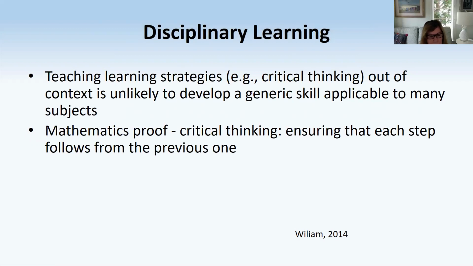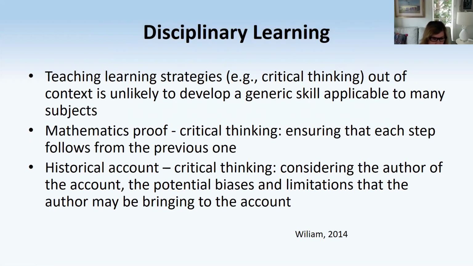In mathematics proof, for example, the critical thinking component will involve ensuring that each step follows from the previous one, whereas in history, a historical account, the critical thinking involved will be considering the author of the account, the potential biases and the limitations that the author may bring to the account. So this notion of critical thinking occurs within the disciplines.